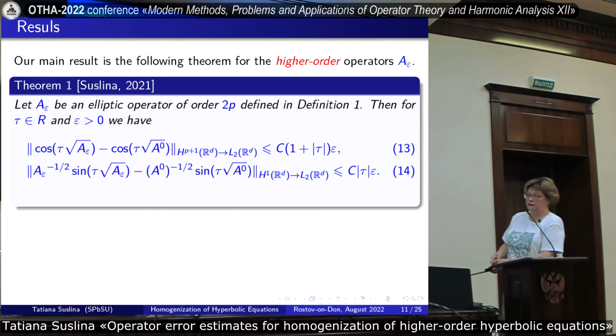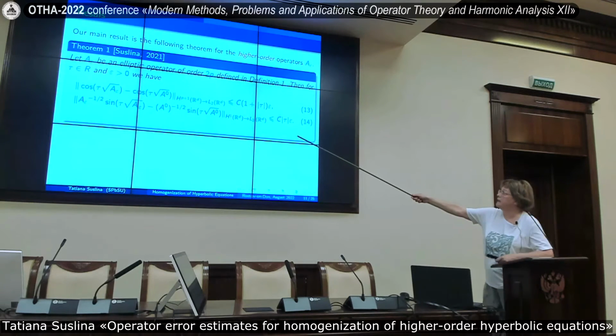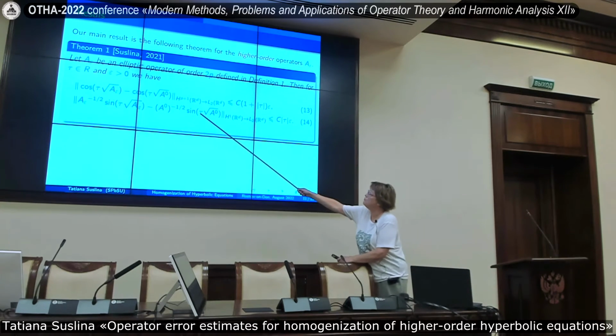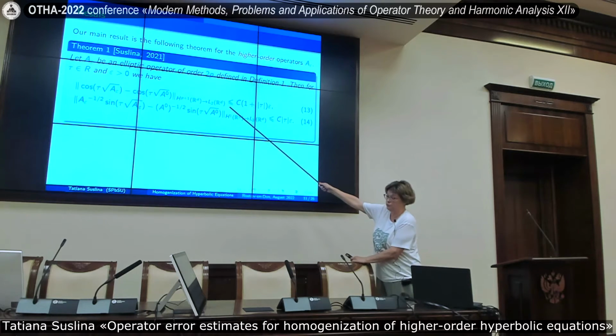Now we formulate our main results. The main result is theorem 1. Let A epsilon be the operator of order 2p, defined above. Then we have such error estimates. For the cosine, the norm is from H^(p+1) to L2.